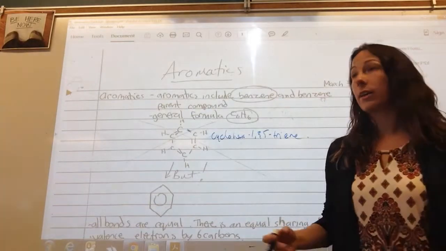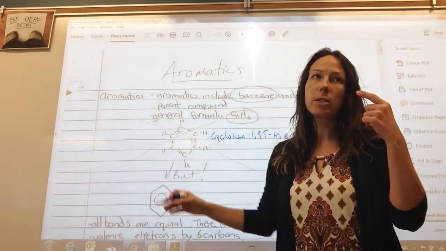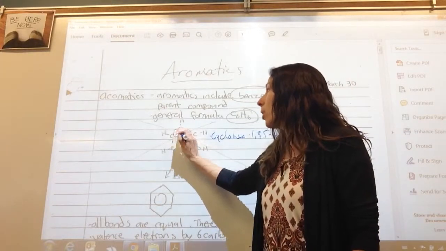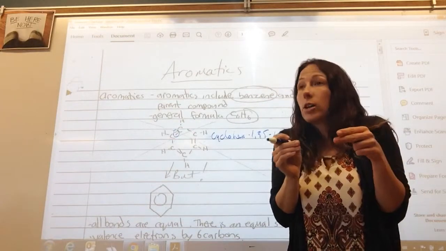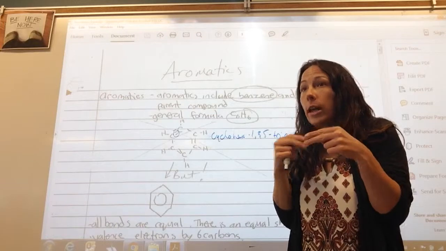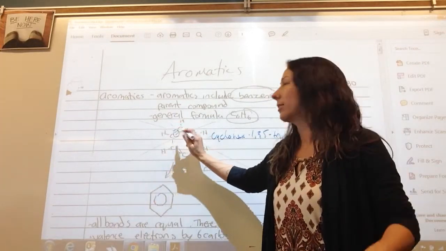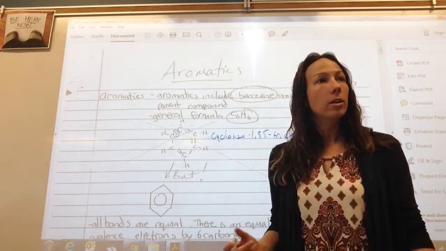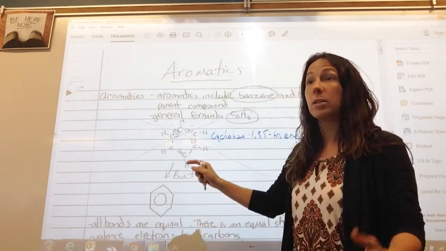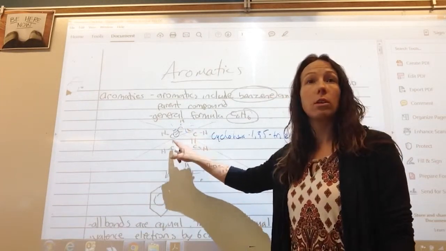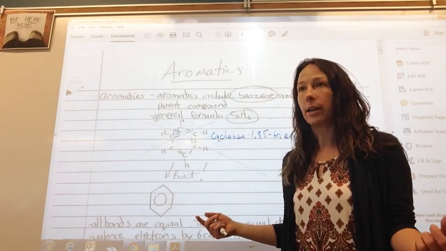The other piece of evidence, there are quite a few pieces of evidence, but here are the two main ones: the bond length. A double bond is quite short in bond length, and a single bond is longer. So let's say this is a unit of 1, and this is a unit of 2. They would have expected short, long, short, long, short, long when they were measuring the bond lengths.